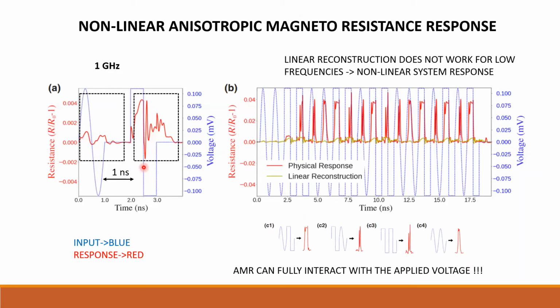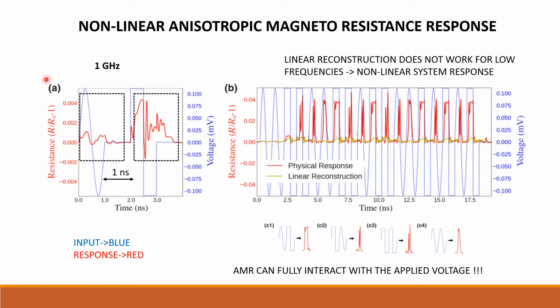So this is the part where the reservoir computing is actually performed. In the first experiment, 1 GHz sine and square pulses with 1 nanosecond between them are sent to the structure. And the reason for the 1 nanosecond gap between the pulses is to observe the individual responses to the pulses.